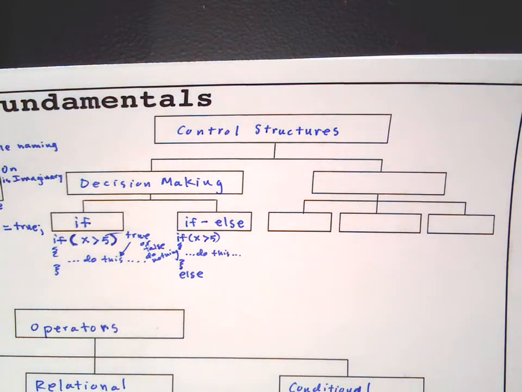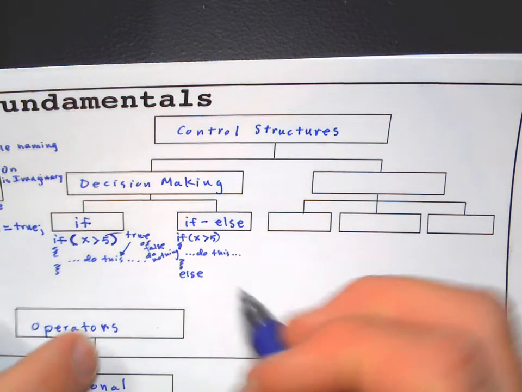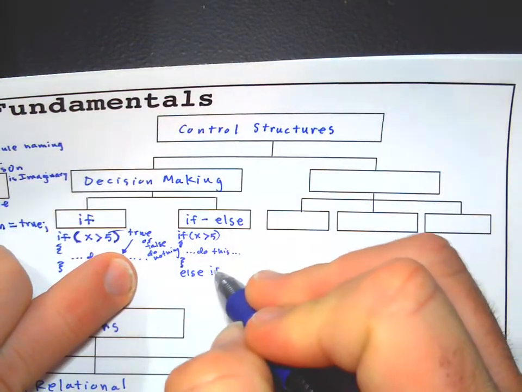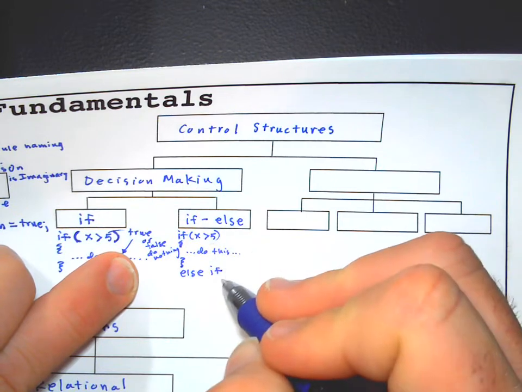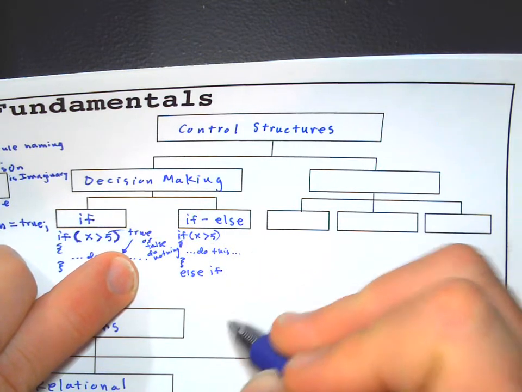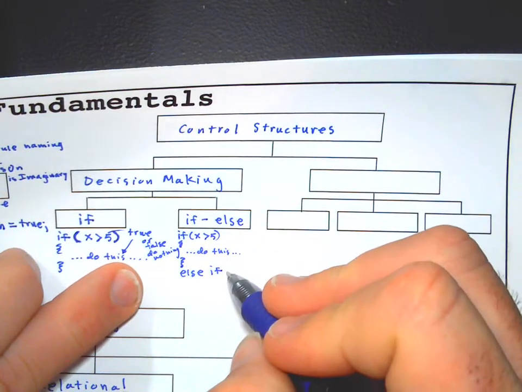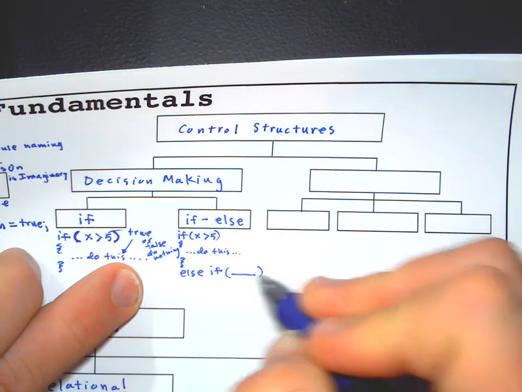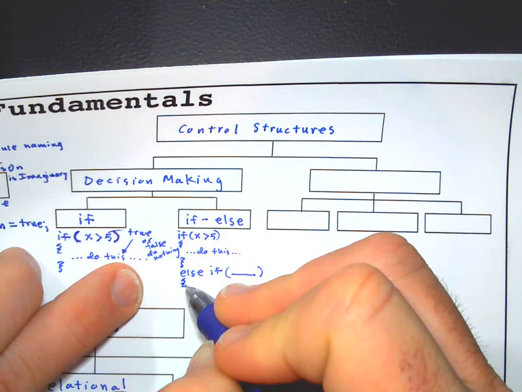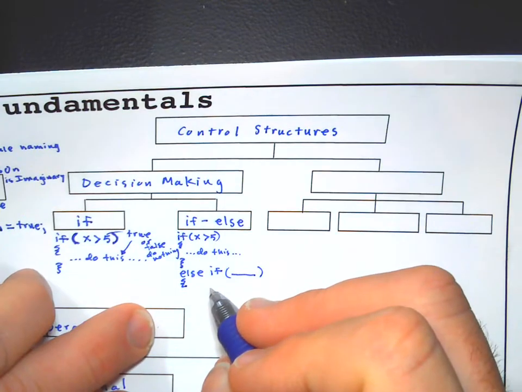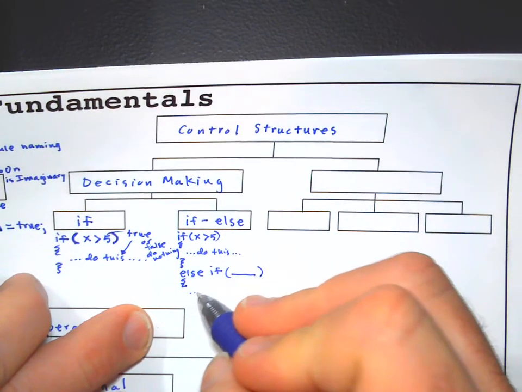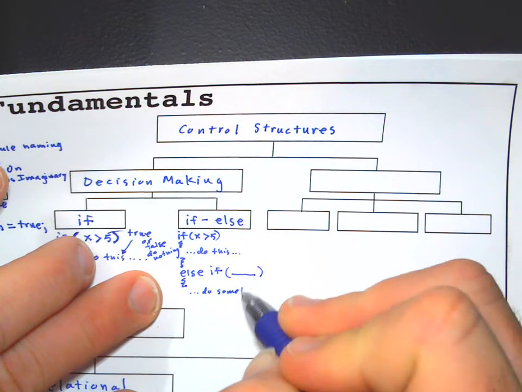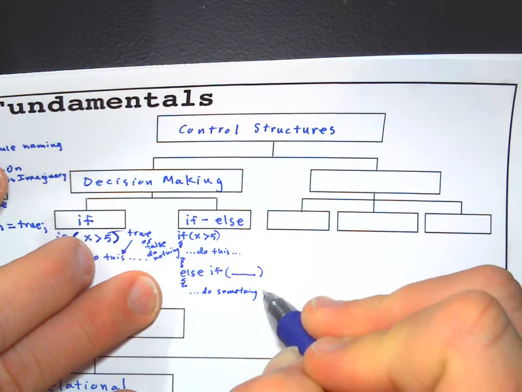So we could say just if else, but we could also put some other ifs in between. If that's not true, well, is this true? If that's not true, is this true? So we could keep going, and put other tests for other situations. Do something different.